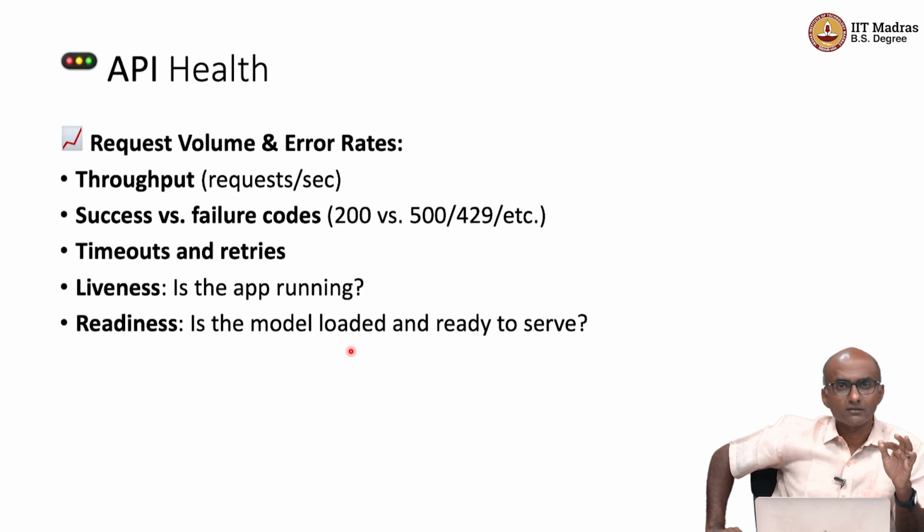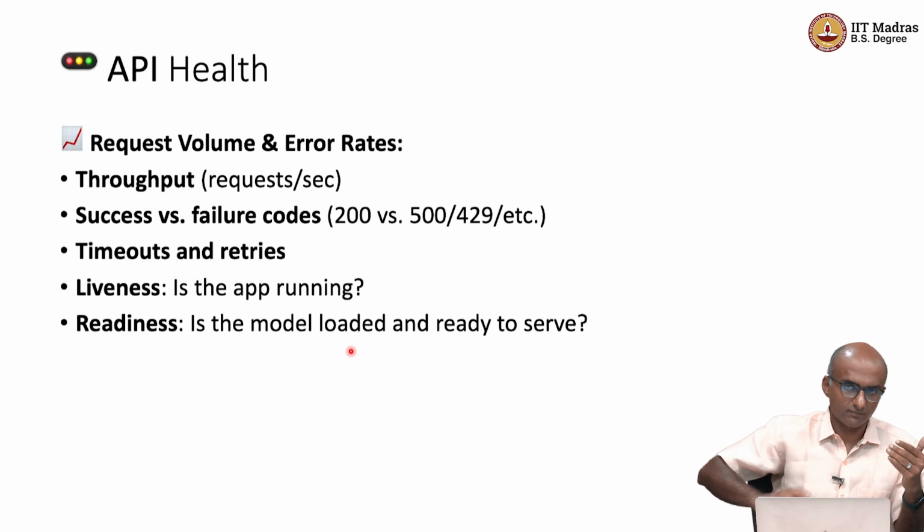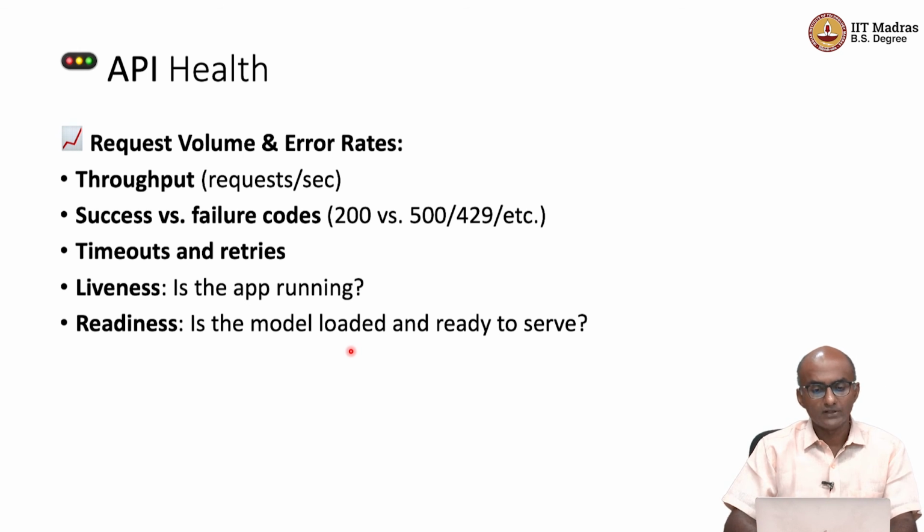Readiness, on the other hand, is not about whether the model is live and running, but whether the model is loaded at all in the first place, and whether all the dependencies associated with the prediction process are satisfied. So is the model loaded and ready to serve? And ready to serve corresponds to these dependencies. So that's readiness. For deep learning models, readiness is an important parameter because the time it takes for loading a model with large weights is significant.